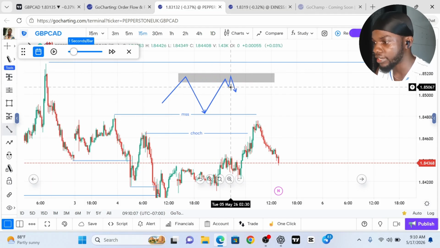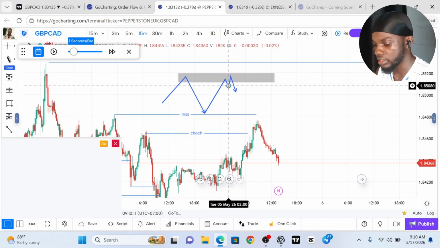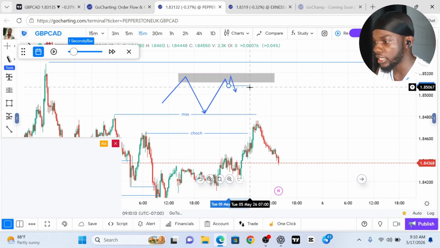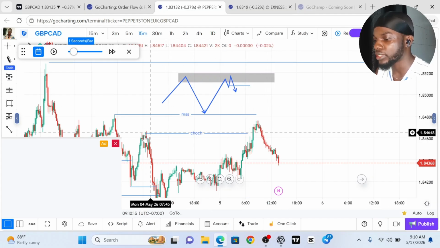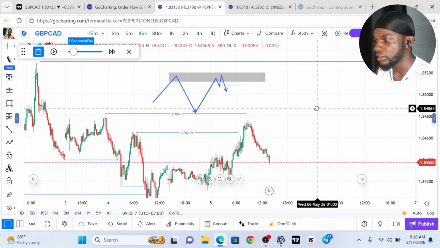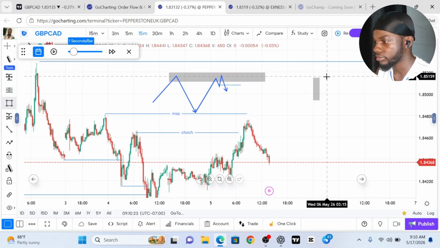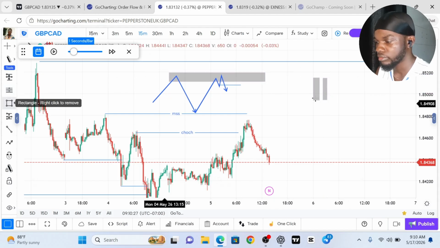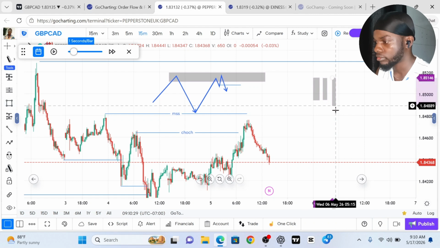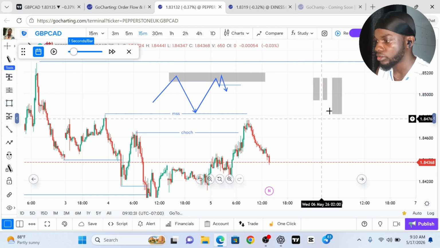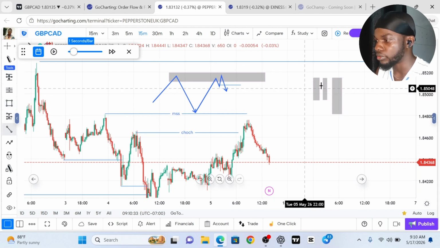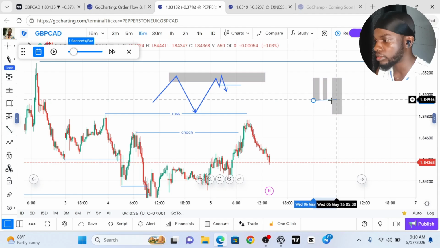I've explained key level in my previous video. This is where I'll mark out my key level. Key level is when two candles have the same length, something like this. So this is a key level.